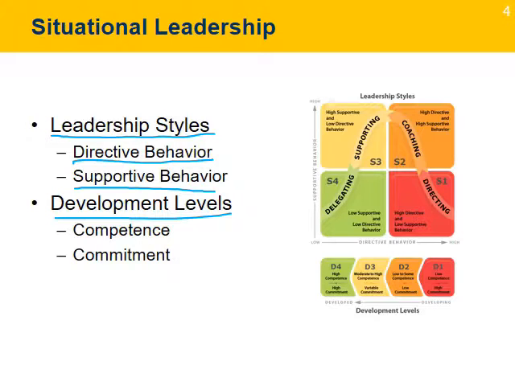To know what is needed in a particular situation, the project leader must first evaluate the team members and assess their development levels of competence and commitment to perform a given task. As the levels of commitment and competence change over time, the project leader should change the degree to which they are directive or supportive to meet the changing needs of the team. Effective leaders recognize what the team needs and then adapt their own style to meet those needs.